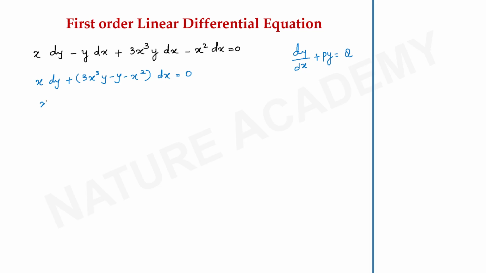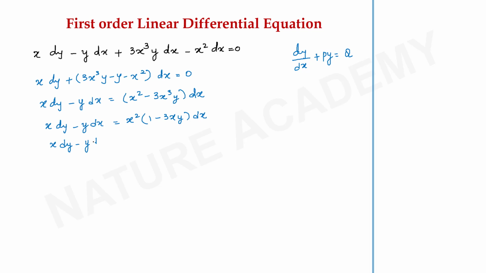Now I can further rearrange as x into dy minus y into dx is equal to x square minus 3x cube y into dx, or I can also write it as x into dy minus y into dx is equal to, taking x square common, x square into 1 minus 3xy into dx. Then I can bring that x square into the denominator on the left hand side and write it as x dy minus y dx by x square is equal to 1 minus 3xy into dx.